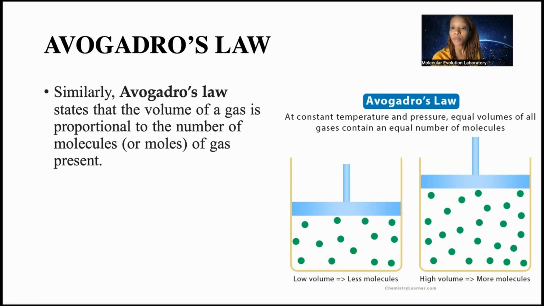So V1 divided by N1 equals V2 divided by N2. If the volume of gas is low, the number of molecules is low, so the number of moles should be lower. If the volume is high, then the number of molecules is also high, which means the number of moles should be high as well.